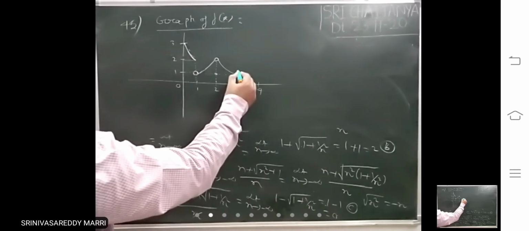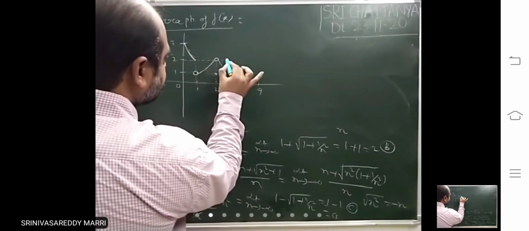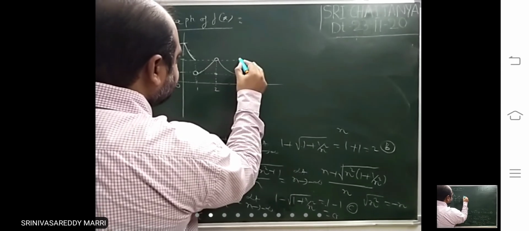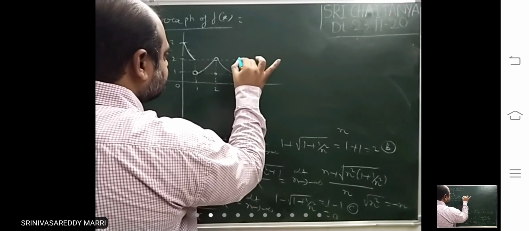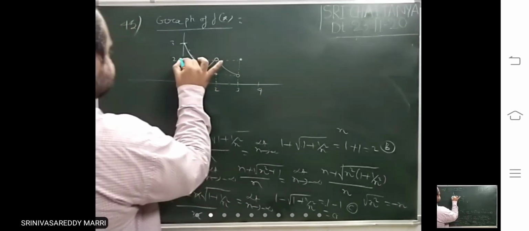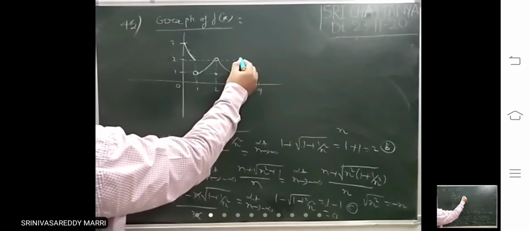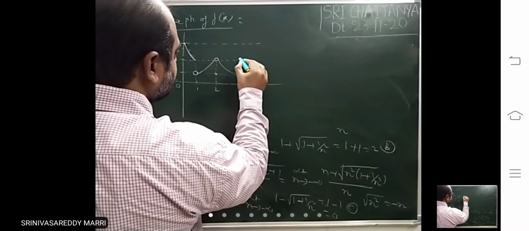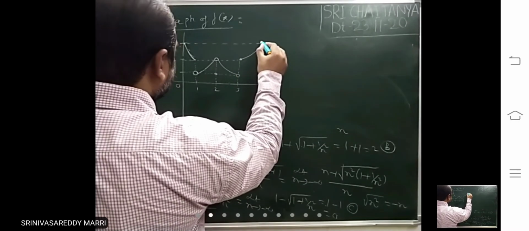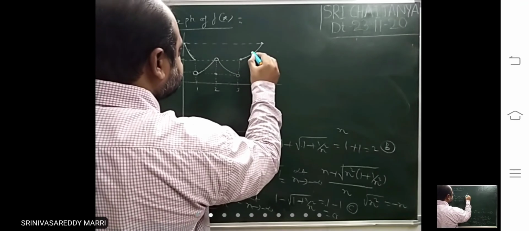And then at 3 this point is there. At 3 its value is 2. The graph indicates that. So from 3 to 4 it is drawn like this. At 4 again its value is 2. So this is drawn from 3 to 4.